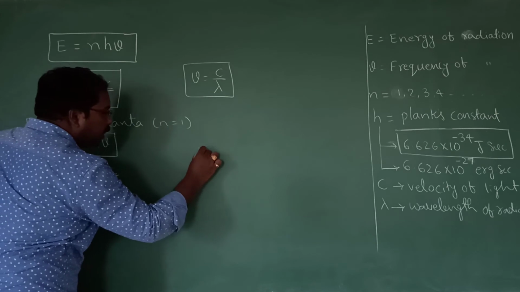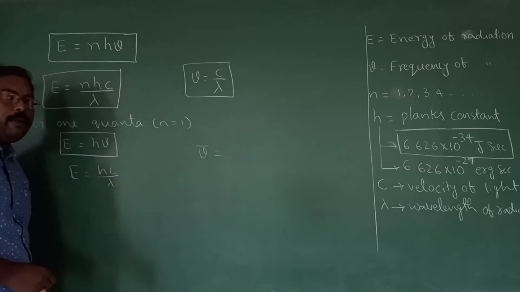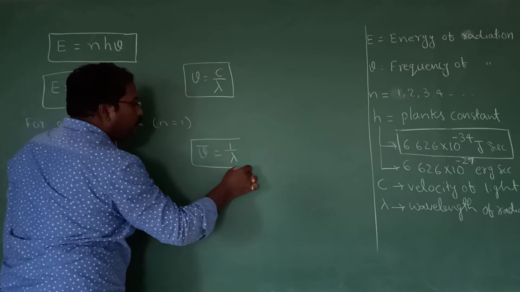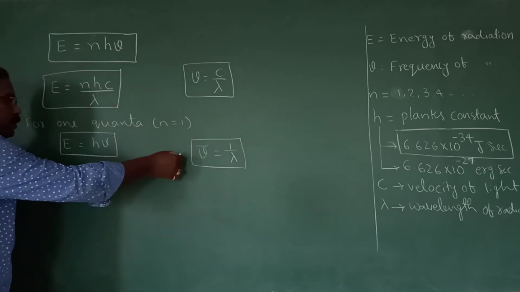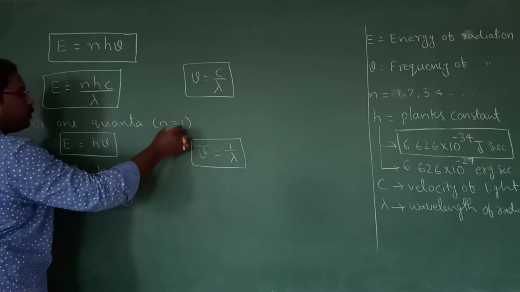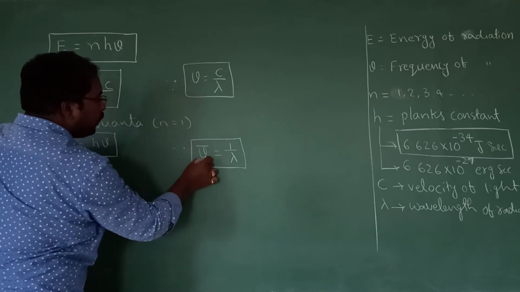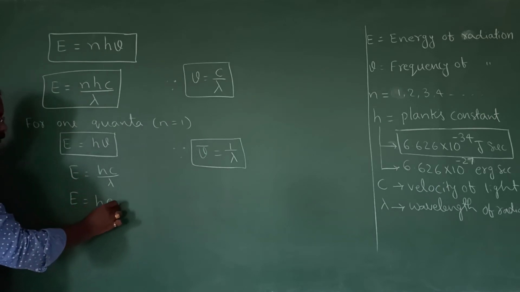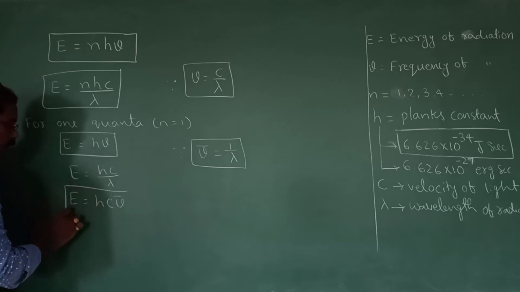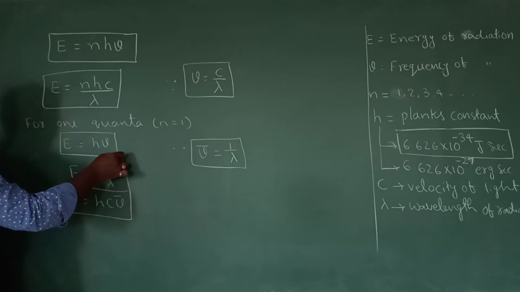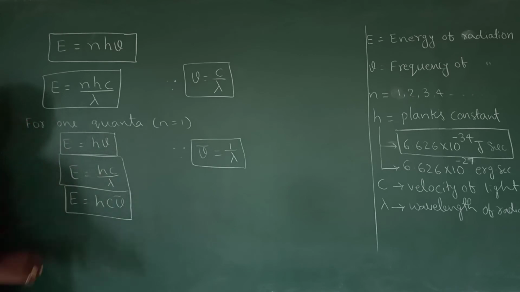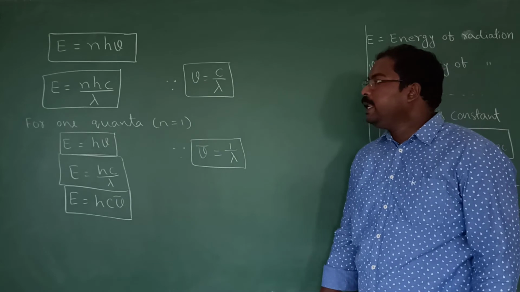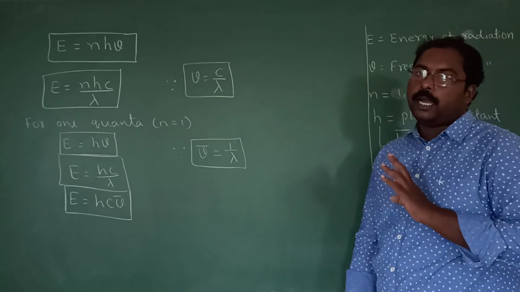And even we learned that mu bar means wave number, which is the reciprocal of wavelength. So since wave number is 1 by lambda, the above formula we can write as E is equal to hc mu bar.